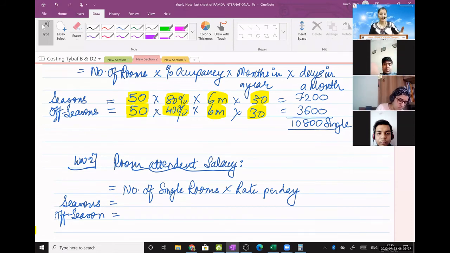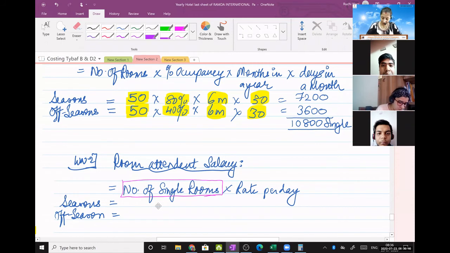So obviously my formula will be number of rooms into percentage occupancy into months in a year into days in a month multiplied with rate per day. Instead of writing all that, it is better I use this term, number of single room days. Replace it with this term. We just got this answer 7,200 and this 3,600.